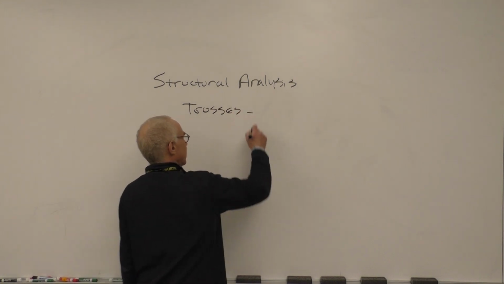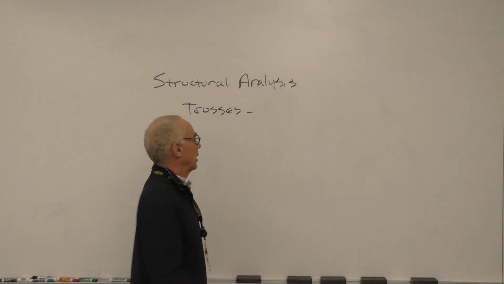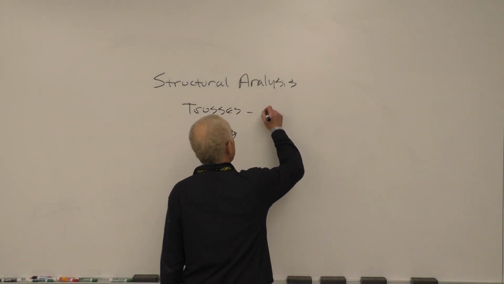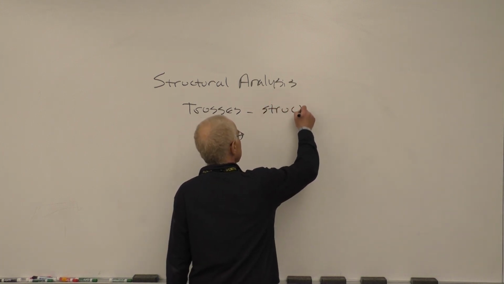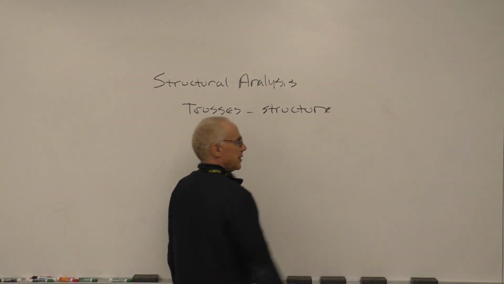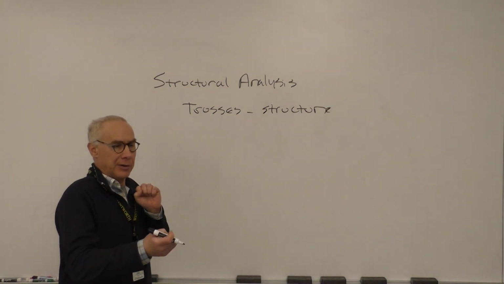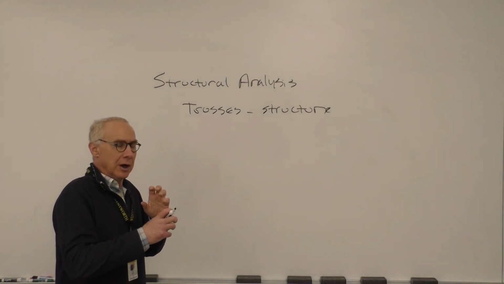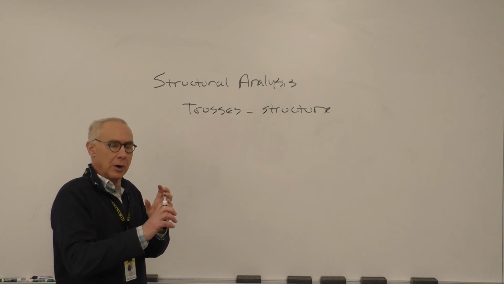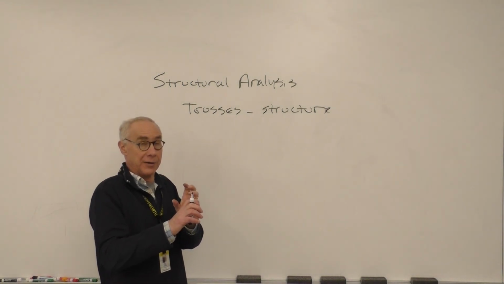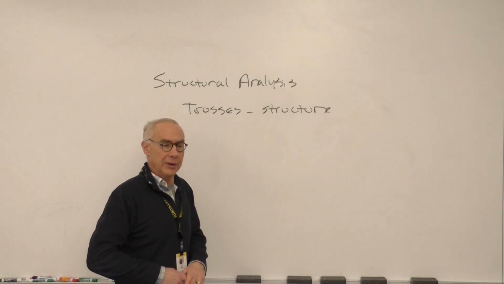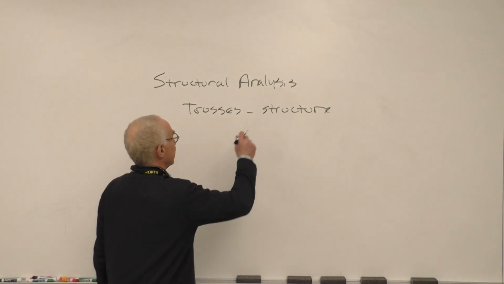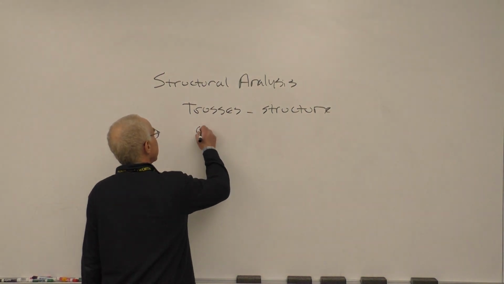And a truss, as defined in our great textbook, is a structure consisting of slender members, as they call it. In other words, long relative to their cross-sectional area, and they are joined at their endpoints.